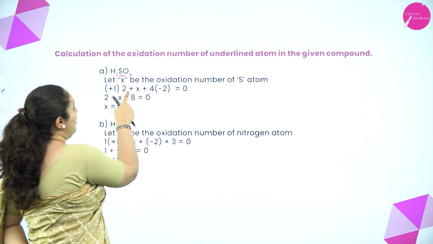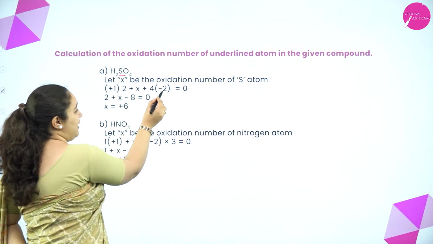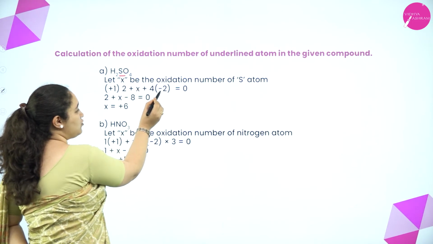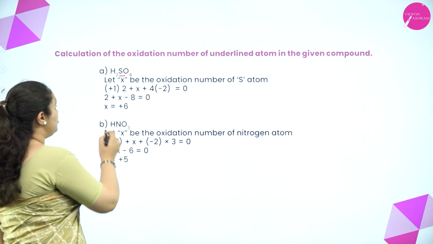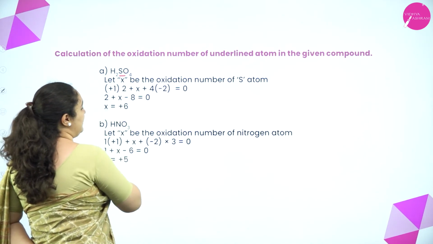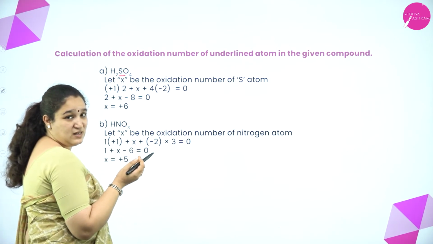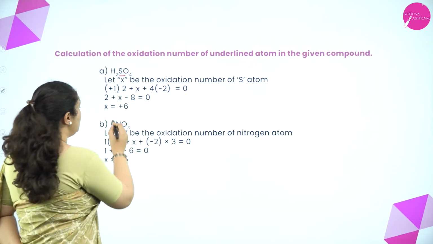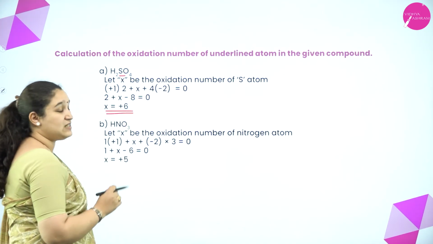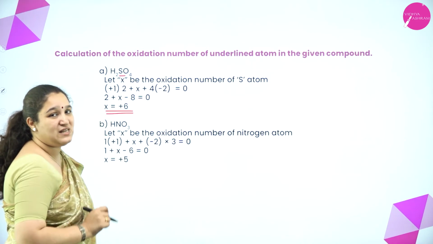So, +1 into 2 plus X plus, for oxygen, -2. How many oxygen atoms? 4. So, 4 into -2 is always equal to 0. So, 2 plus X minus 8 is equal to 0. If I solve this, +2 and -8 is -6. -6, if I take it to the other side, becomes +6. So, X is equal to +6. That means the oxidation number of sulfur is +6.